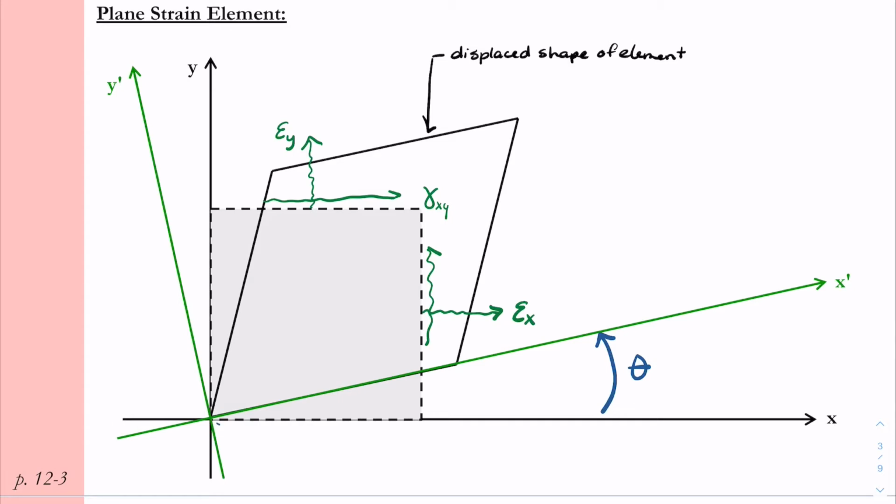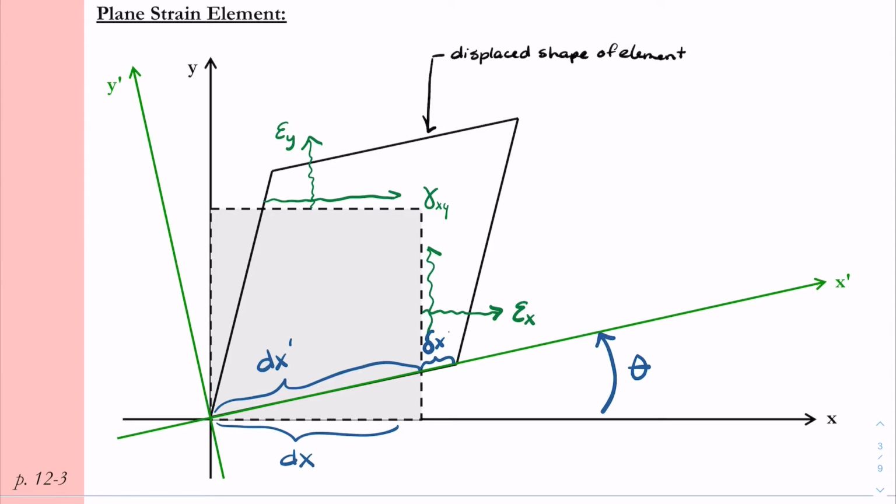To work through the geometry, I want to give the original block length in the x direction the dimension dx. The rotated block will have a distance dx prime, and this dx prime basically refers back to dx but rotated at an angle theta.